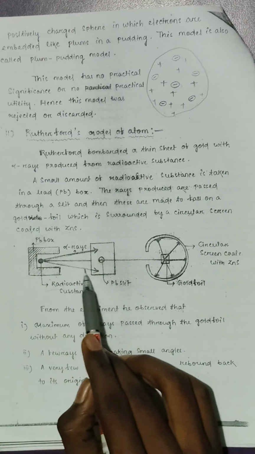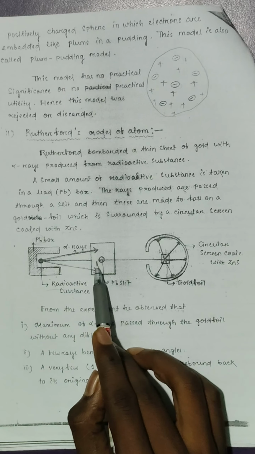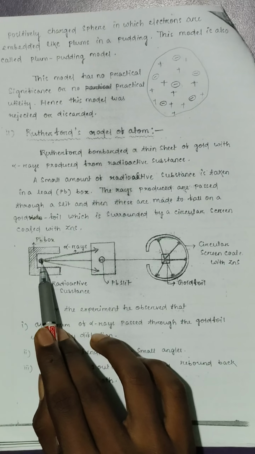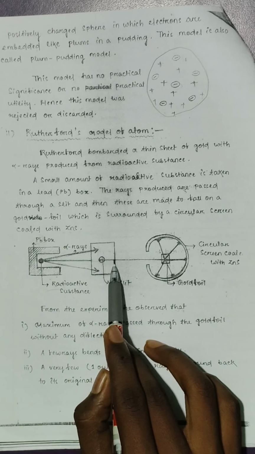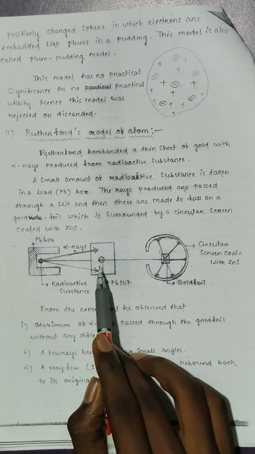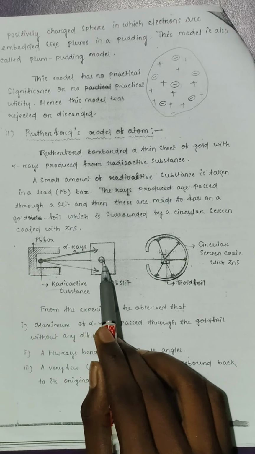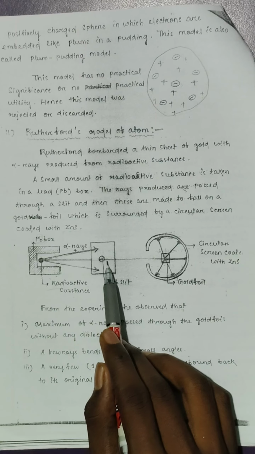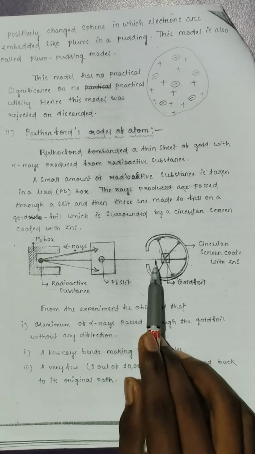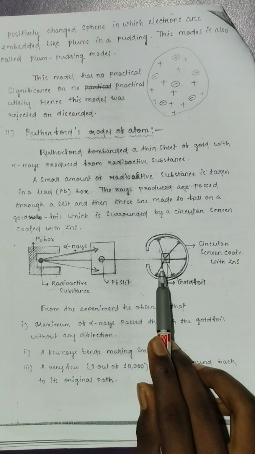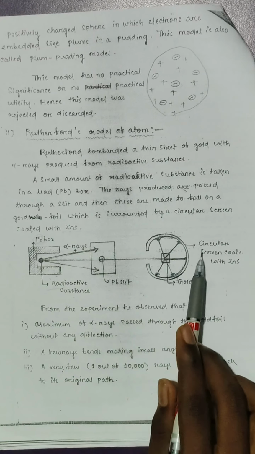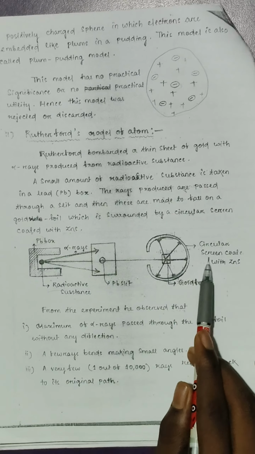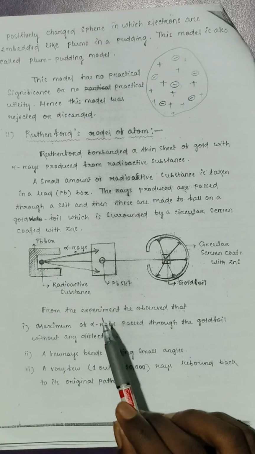These are the alpha rays, and only one directional beam of alpha rays was allowed to pass through the Pb slit from the hole. After it passes through the hole, it bombarded the gold foil and was reflected to the circular screen coated with ZnS.